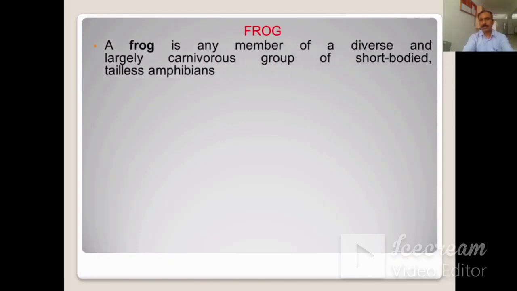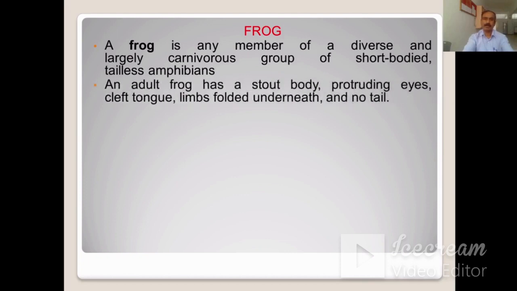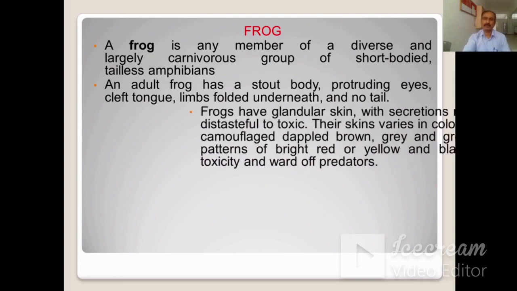Let us discuss the example, that is the frog. Frog is any member of a diverse and largely carnivorous group of short-bodied, tailless amphibians. An adult frog has a stout body, protruding eyes, cleft tongue, limbs folded underneath, and no tail.